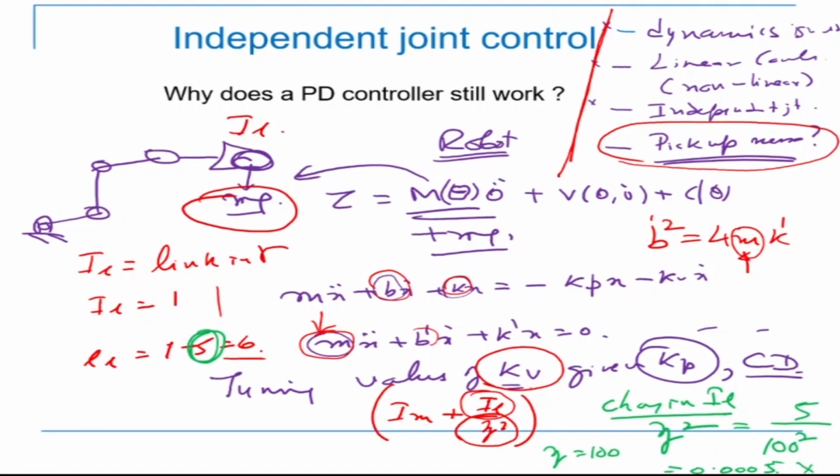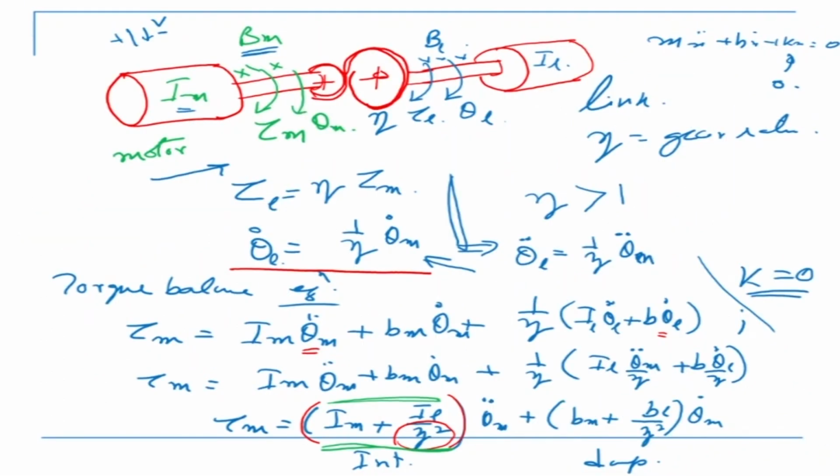When we write our torque balance like this, we see the inertia of the motor, the rotor of the motor, plus the inertia of the link, and this is my total inertia into acceleration. This is the inertia torque. Now, the inertia of the link can change, especially of the end effector, because the robot can pick up a mass, it can drop a mass.